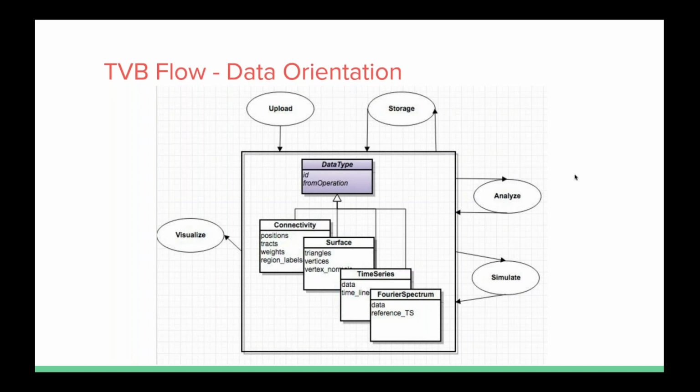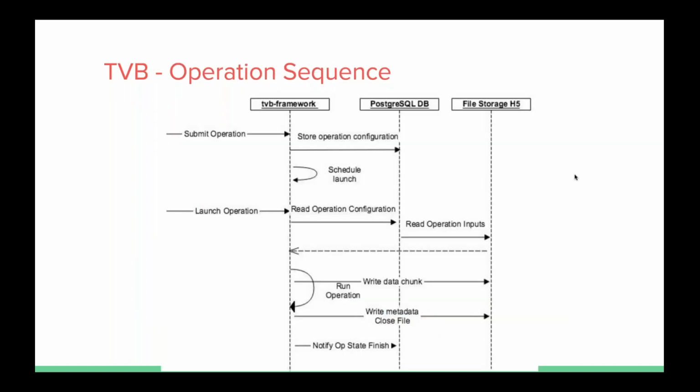So this is our data-oriented architecture which we developed within TVB, and this allows us to have some distribution already. And I want to emphasize the distribution part in the next sequence schema, because with the data available, one can think of operations distributing on multiple environments or multiple machines to be executed in the cloud.